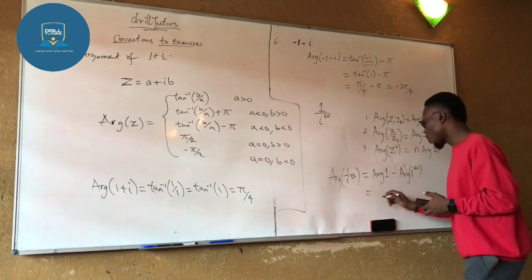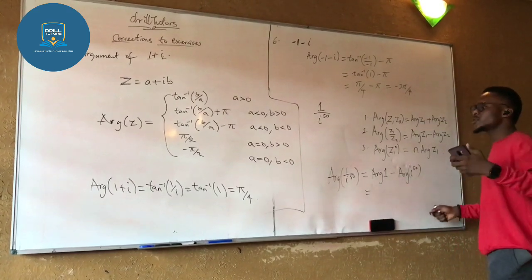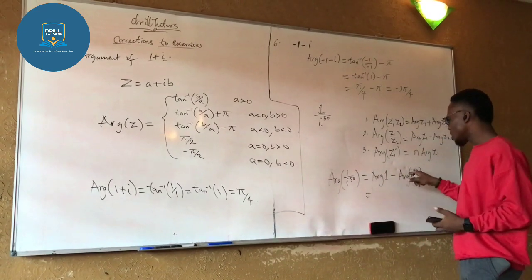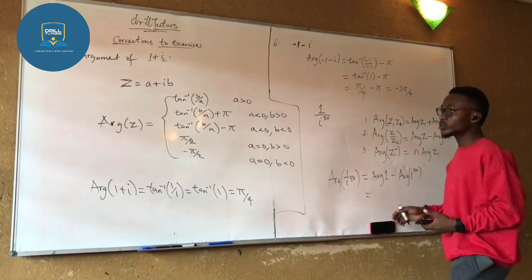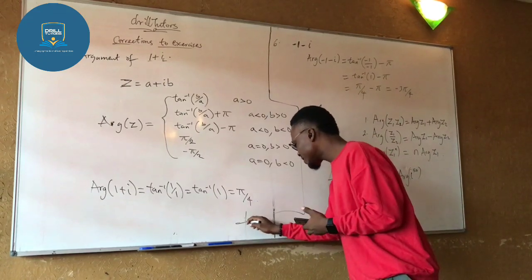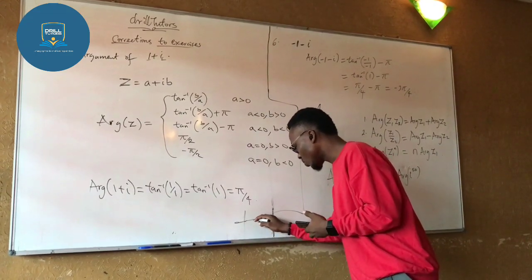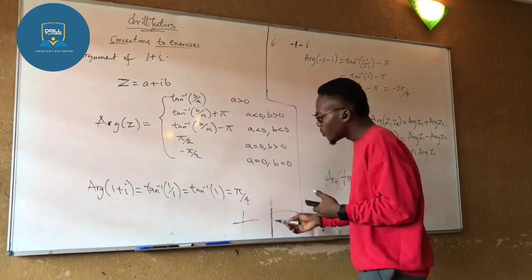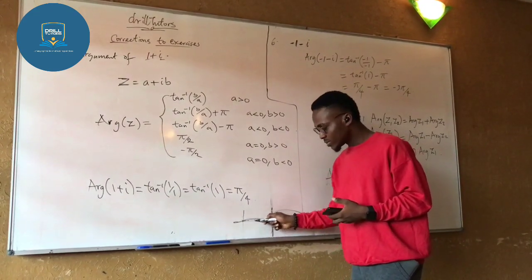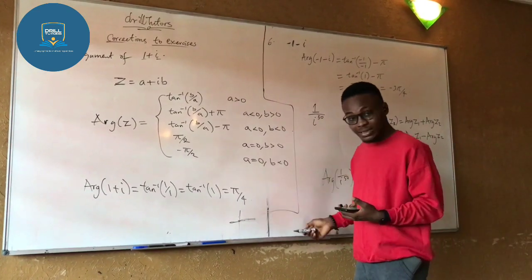Of course, the argument of 1 tells you that a is greater than 0, but b is equal to 0. So it is along this line, it is 0. It's not moving, it's on this line.